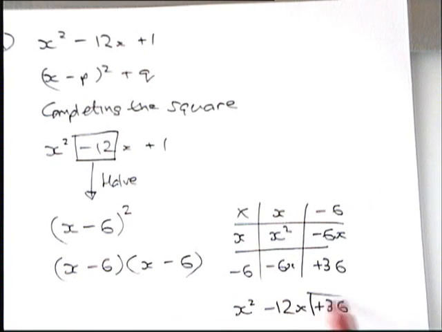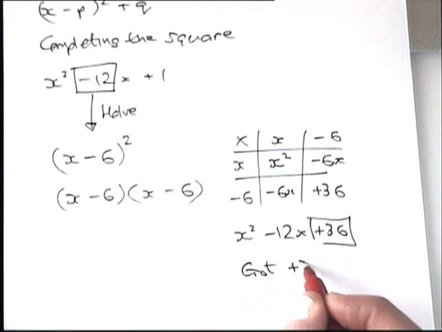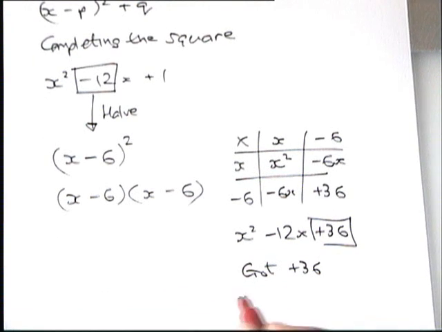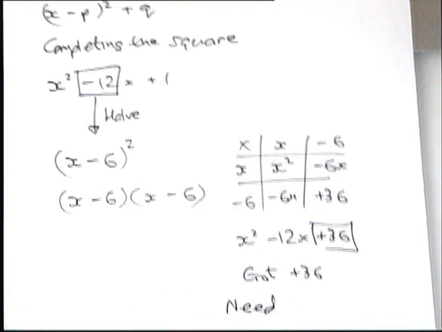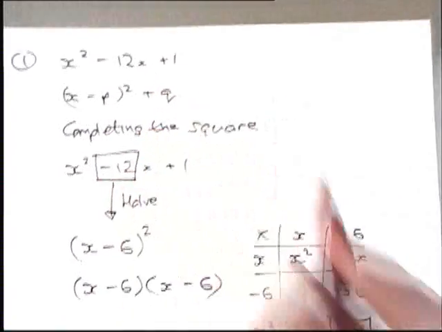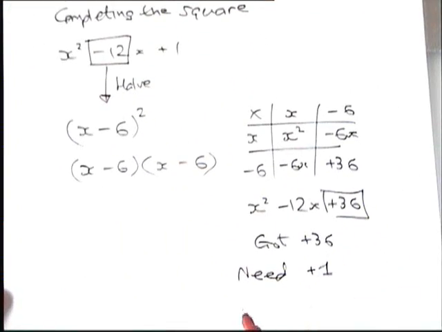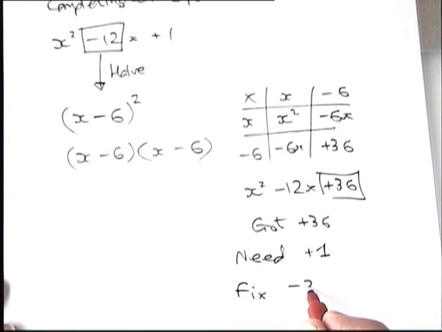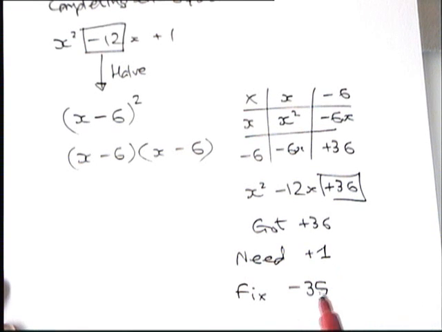So if we look at this, I've got on the end a plus 36. That's what I've got. I need on the end, looking at the question, a plus 1. So to get from what I've got to what I need, I do a little fix. I need to take 35 off.